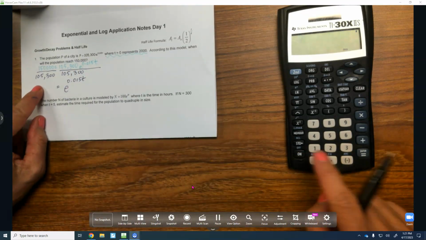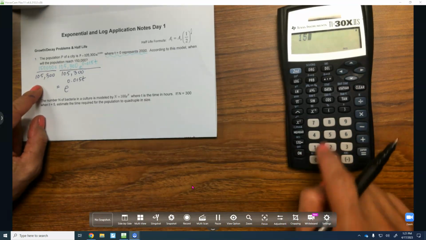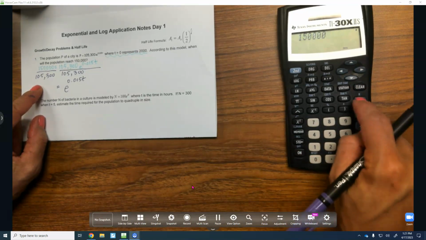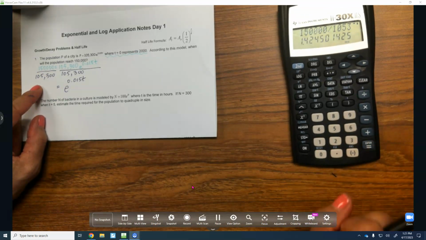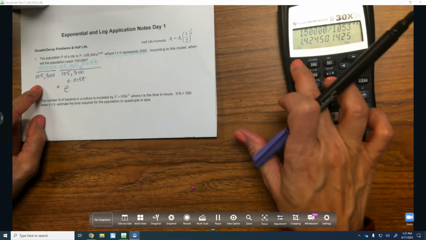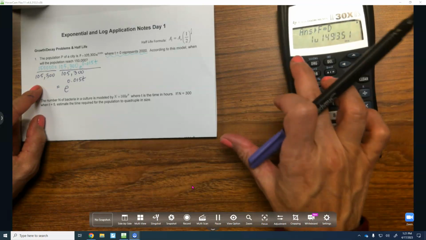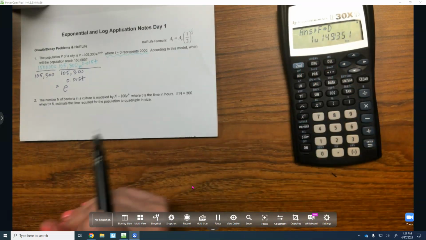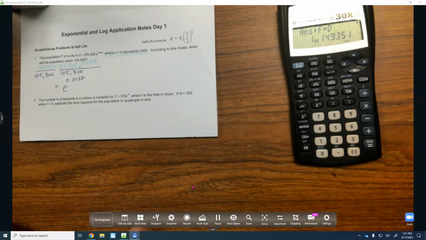And then we're just going to go ahead and do 150,000 divided by 105,300. And I don't really want a decimal, so I'm going to use my fraction to decimal changer there. So, oops, I did that too quick. So that's going to be 149 and 351. Now that's going to be a whole number there.